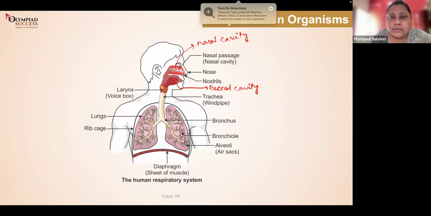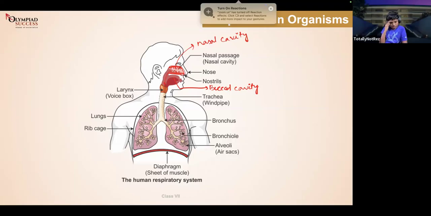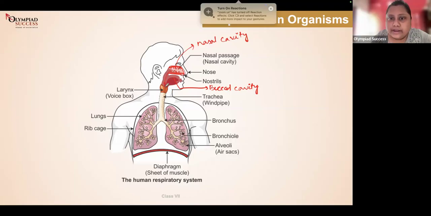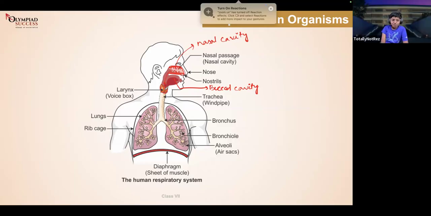Clear? Now moving on, the air will move into the pharynx. First, it will move into the pharynx, followed by the larynx.